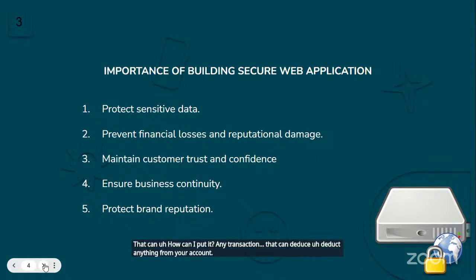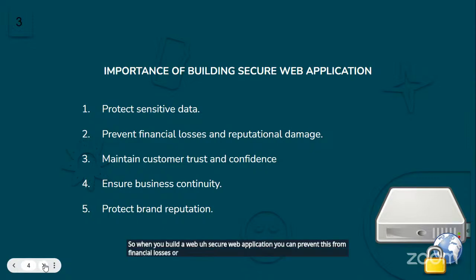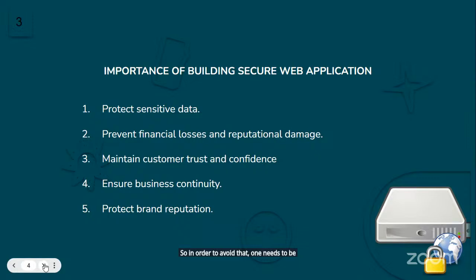So when you build a secure web application, you can prevent financial losses or reputational damage. If a website is down, that means its reputation is also damaged. So in order to avoid that, one needs to build a secure web application.